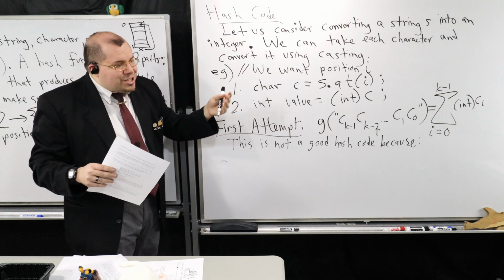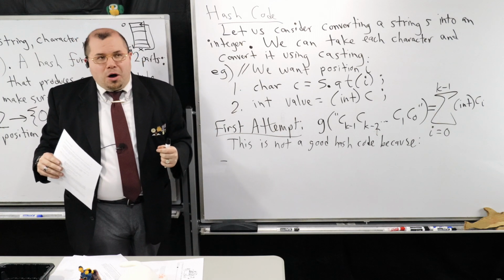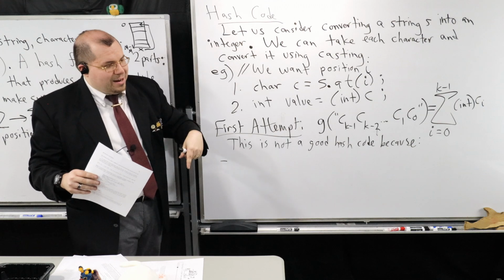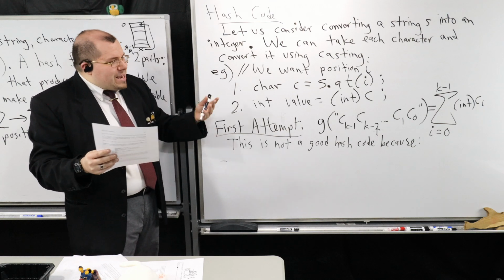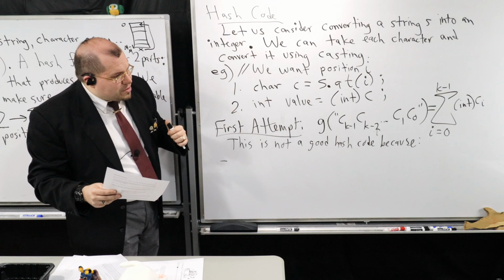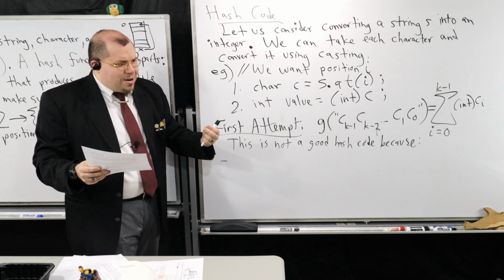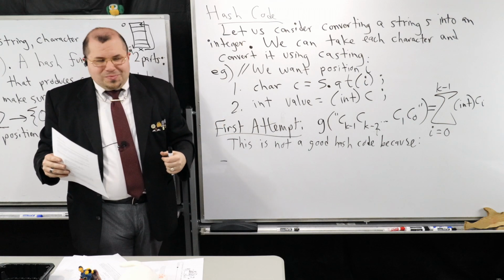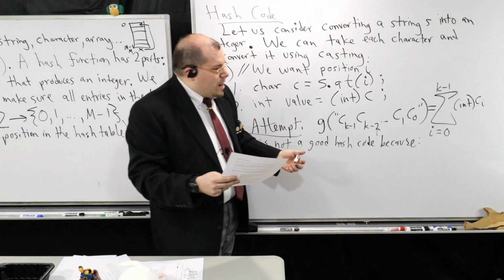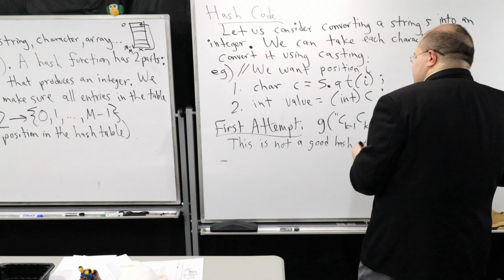I may not actually get a number that's big enough to get me all the way over to the end of this table, right? Because all I'm doing is adding up numbers, I'm not really doing anything to bump up the values of the numbers. So they may not be big enough to spread it nicely across the table.